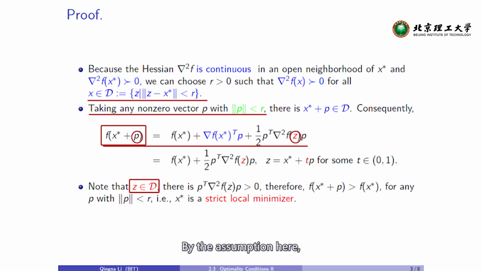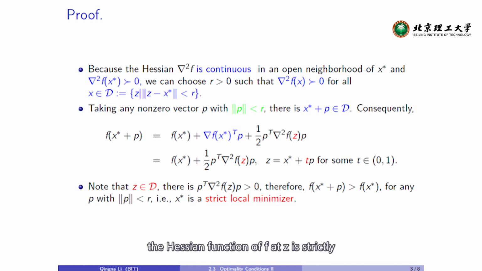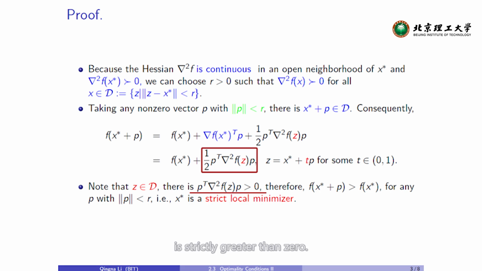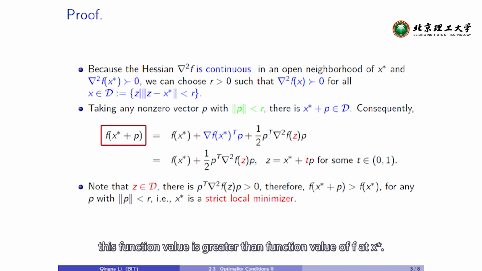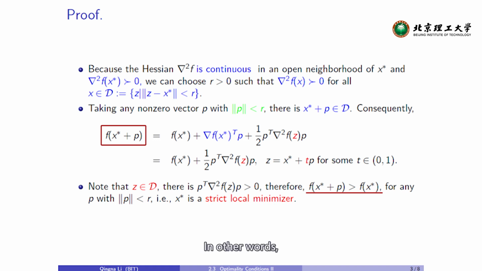By the assumption here, we have that the Hessian matrix of f at Z is positive definite, implying that the second term is strictly greater than 0. So in this case, it means that this function value is greater than the function value of f at X star. In other words, we have found a neighborhood of X star.